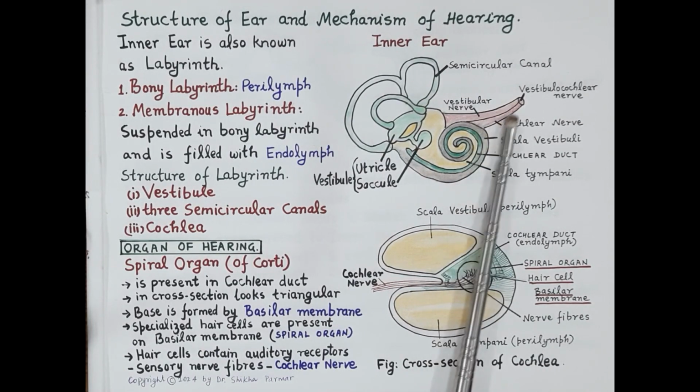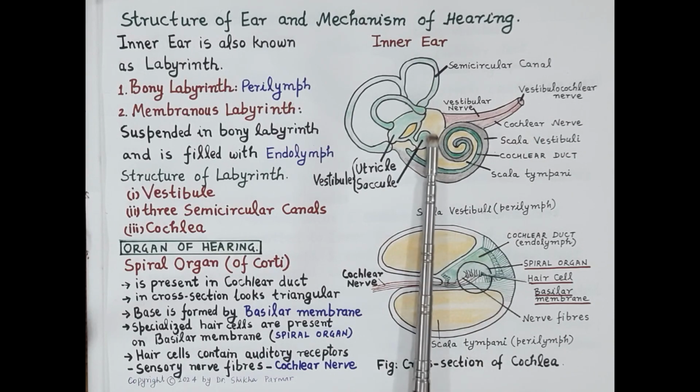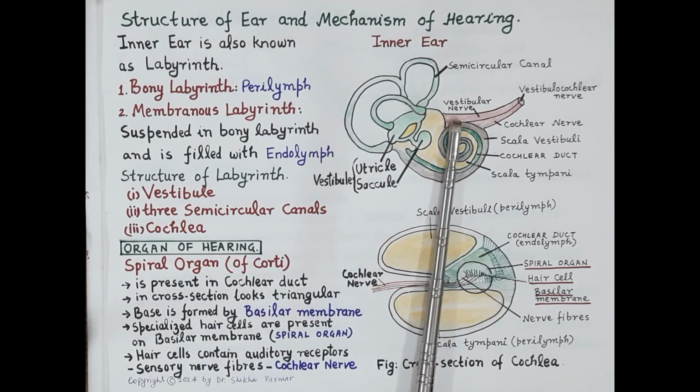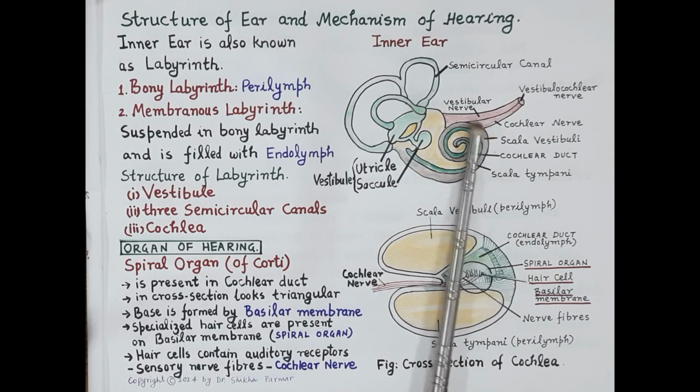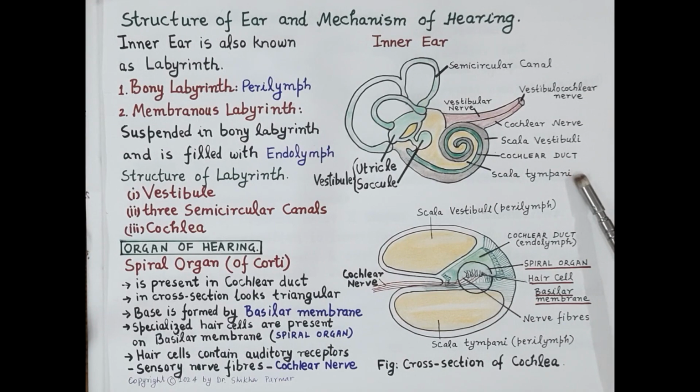Now, the nerve that emerges from the cochlea is the cochlear nerve, while the nerve that emerges from the vestibule is the vestibular nerve. These two nerves join together to form the eighth cranial nerve, that is the vestibulocochlear nerve. So, this is the structure of the inner ear.